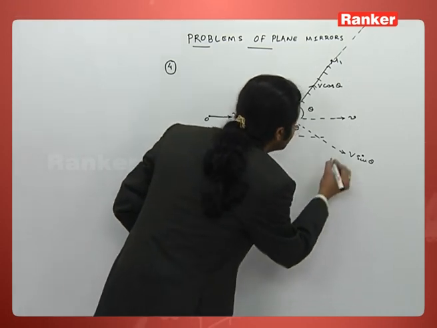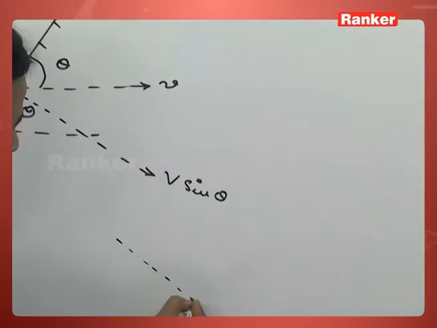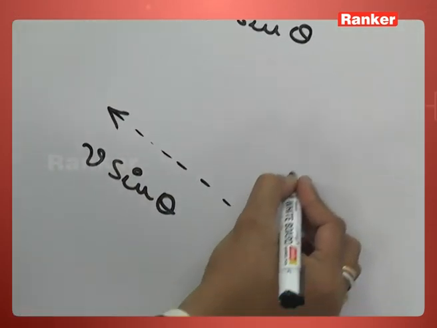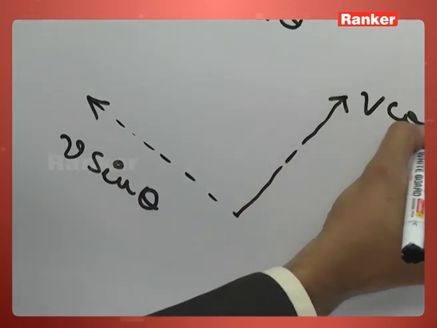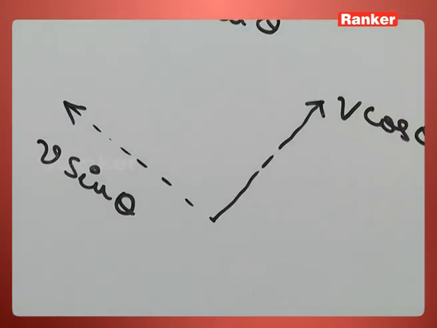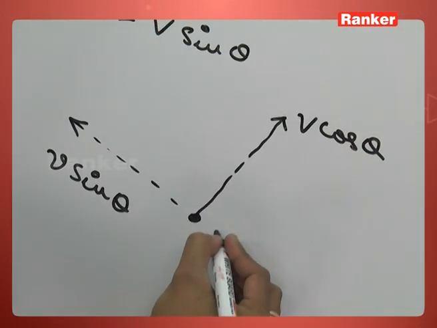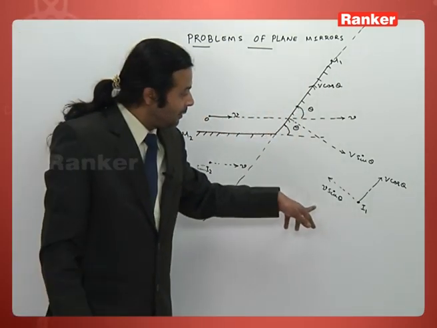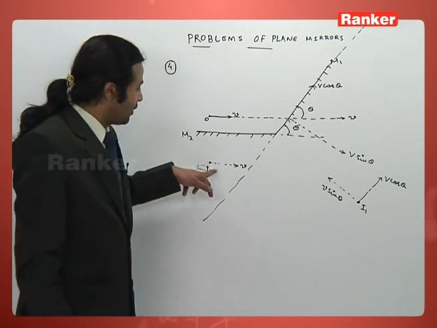That means for this mirror M1, the image will be like this. This is I1. I want to find out the relative velocities between these two images.